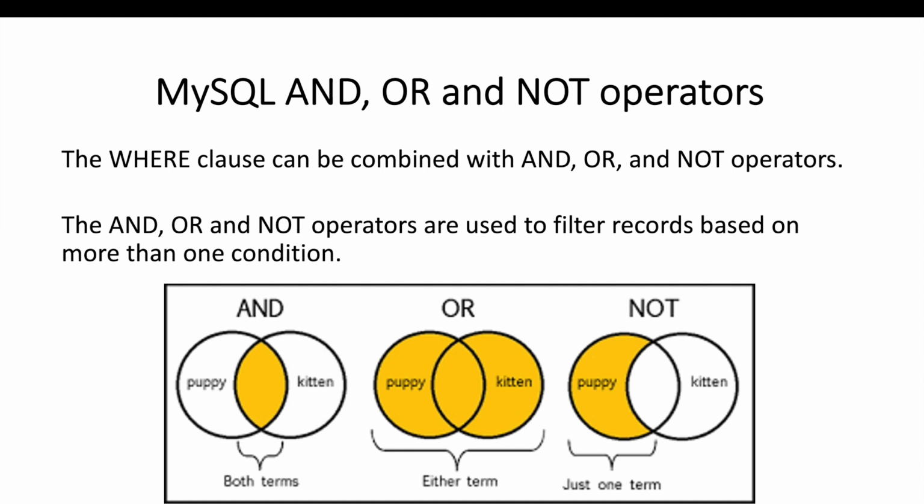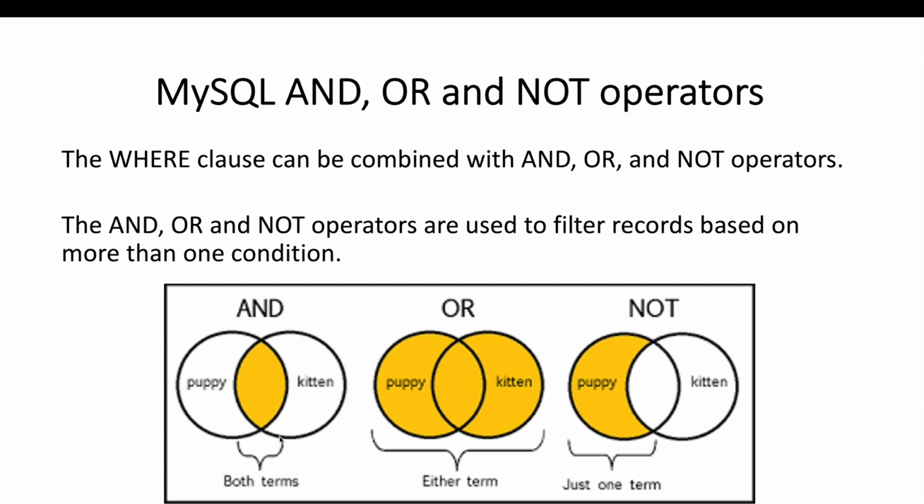So just to give an idea, the WHERE clause is basically used to filter out the records based on a specific condition. But in some cases, if you want to filter out the records based on more than one condition, that means you want to use multiple conditions, then you have to use the operators. As you can see here, the AND operator is used when both terms are there.